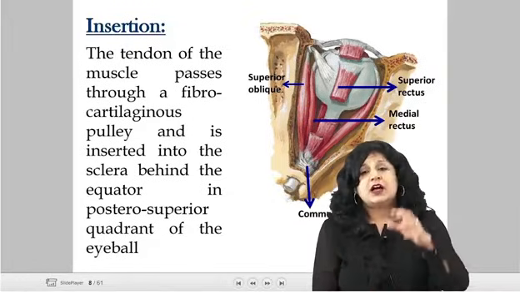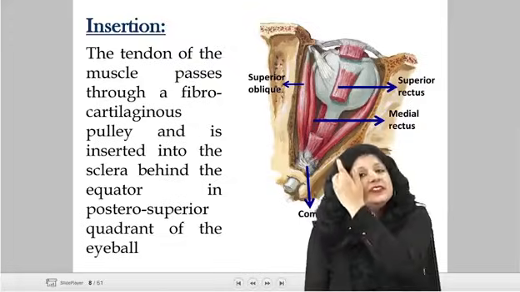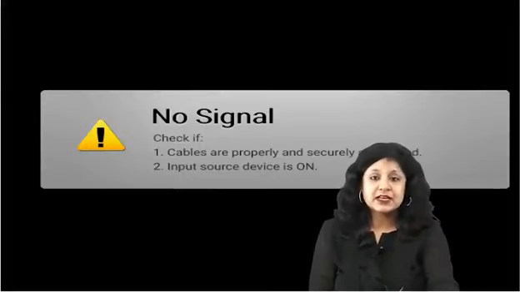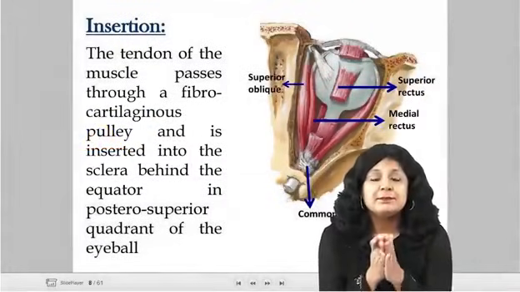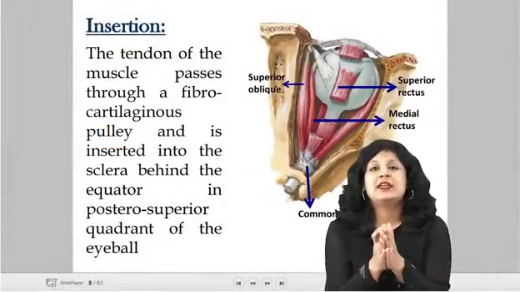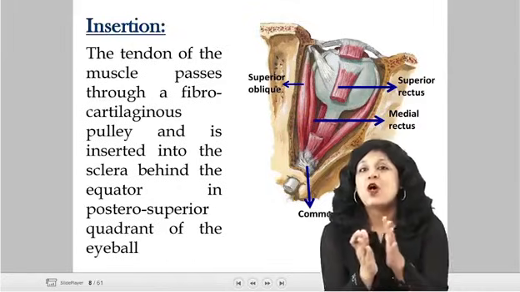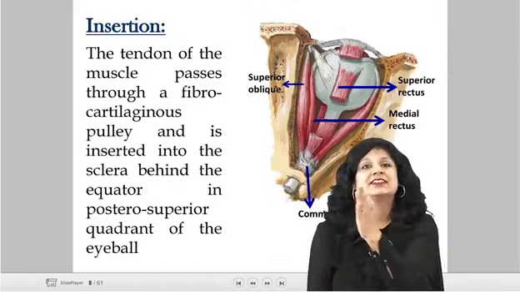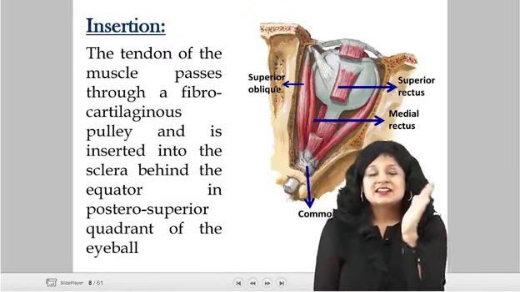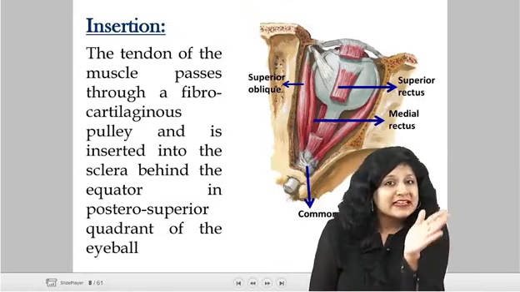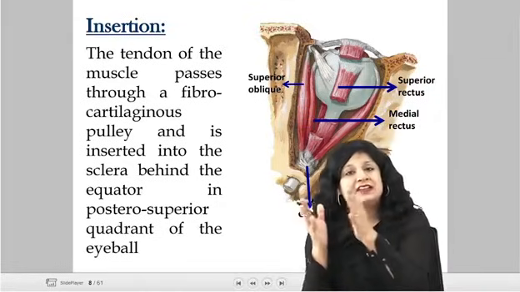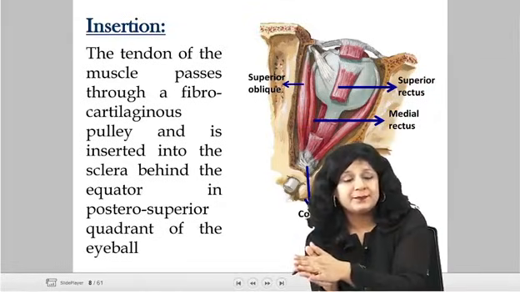Now, what are the basic differences between the rectus muscles and the oblique muscles? Rectus were the straight muscles, these are the tilted muscles. Rectus muscles were at a very small angle, 23 degrees. Oblique muscles are at a large angle, 51 degrees.